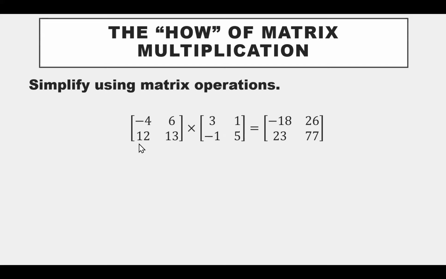And then 77, that's second row, second column. So the 2, 2 entry. So that's the gist of how matrix multiplication works. I take each row in the lead matrix or the first matrix, and I multiply it times every column of my second matrix.